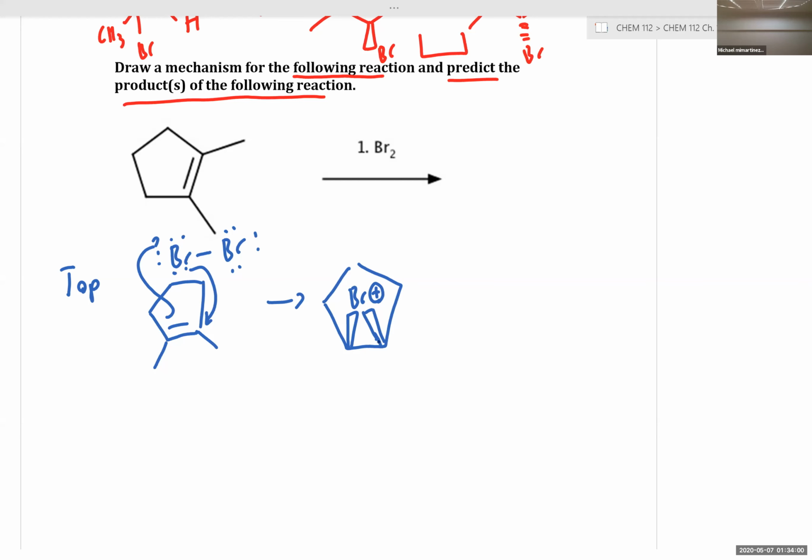Let me put the methyls in just for good measure. Okay, so here is our bromonium intermediate with both of our methyls. Now, we can attack this bromonium intermediate from either the right-hand side or the left-hand side. Doesn't matter which. Let's arbitrarily choose the left-hand side.